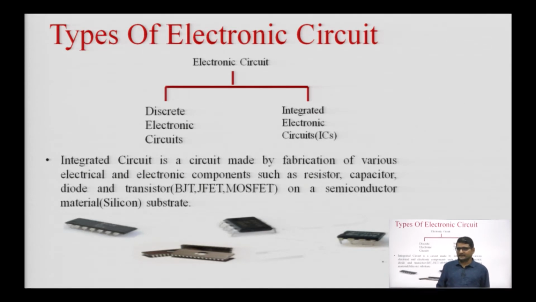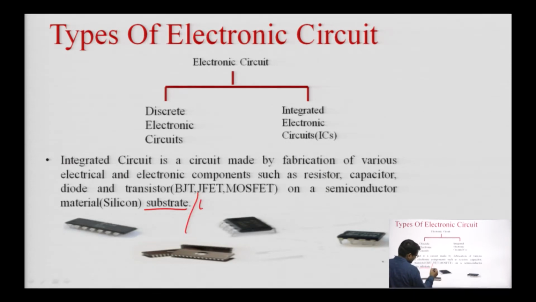An integrated circuit is made by the fabrication of various electrical and electronics components such as resistor, capacitor, diode and transistor, which may be BJT, JFET or MOSFET, on a semiconductor material, and this semiconductor material is called a substrate, also called a wafer.